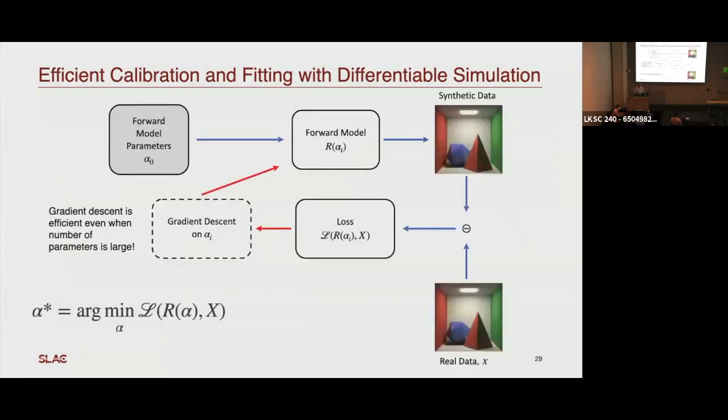And the way that we do fitting with this is very similar to the analysis by synthesis approach before. This is just instead of adjusting parameters of your scene and adjusting parameters of your neural network, adjusting parameters within your simulation.